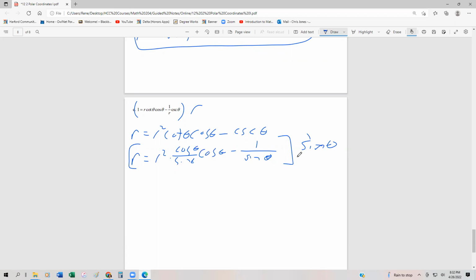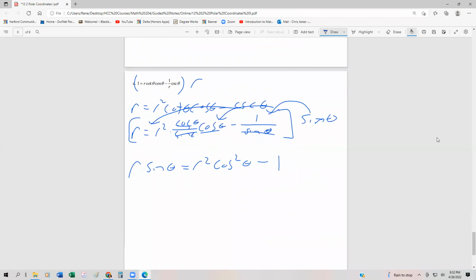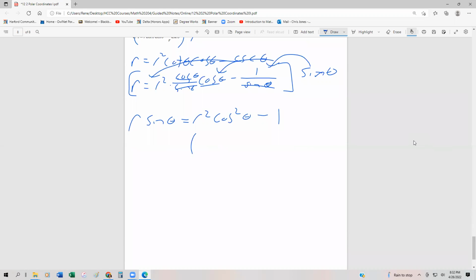We're getting close to being finished with this one. If I multiply all the terms by sine, that cancels out those denominators, and we end up with r sine of theta equals r squared cos squared of theta minus 1. Now we can rewrite r squared cos squared as the quantity r cos theta squared.